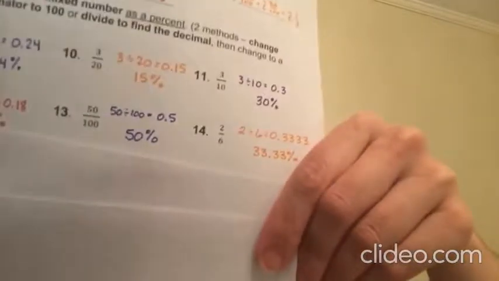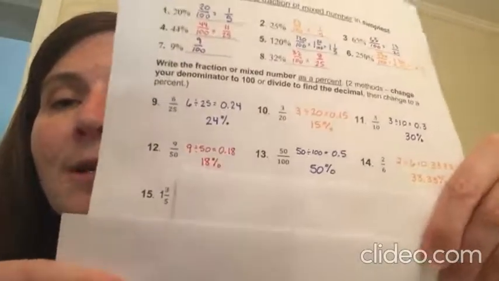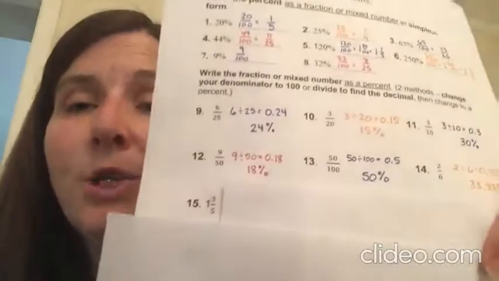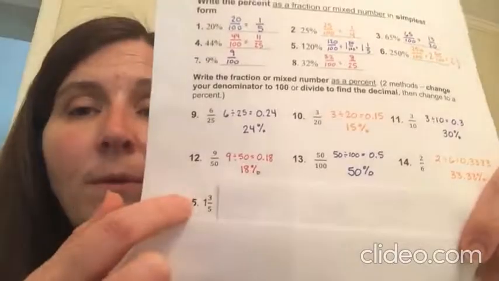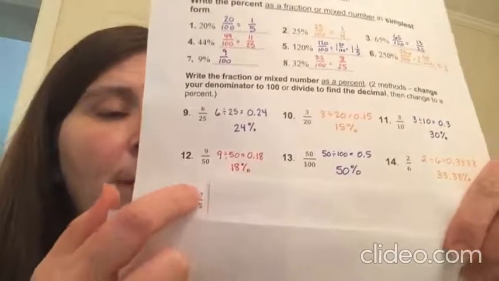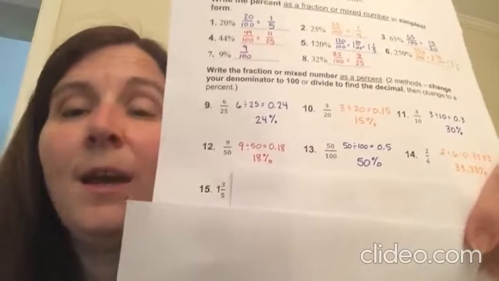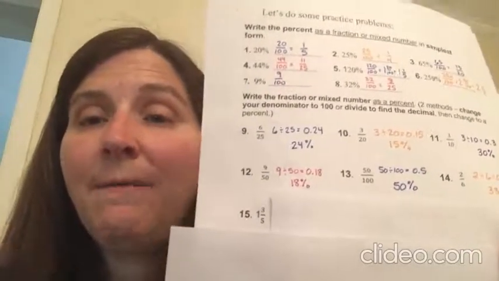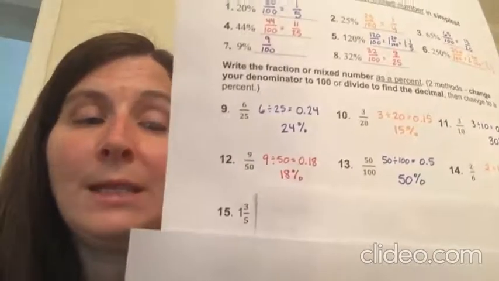Now, on number 15 and 16, we have mixed numbers. When I am changing a mixed number into a percentage, you have 2 things you can do. You can either change it into an improper fraction, which would be 5 times 1, which is 5, plus 3. You would have 8 over 5. And then you can say 8 divided by 5 equals 1.6.